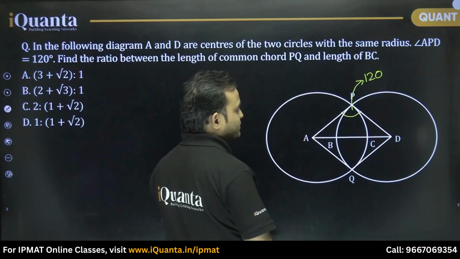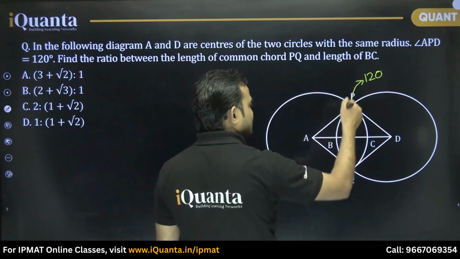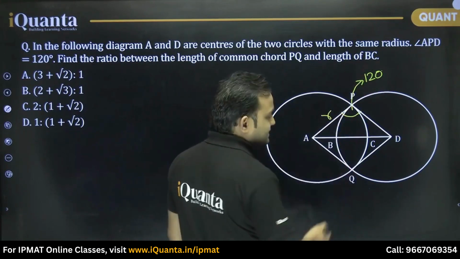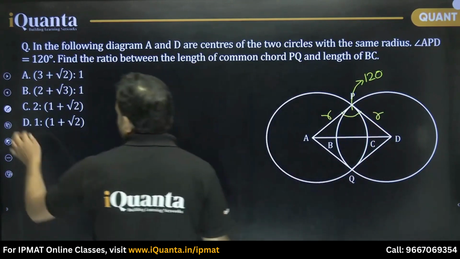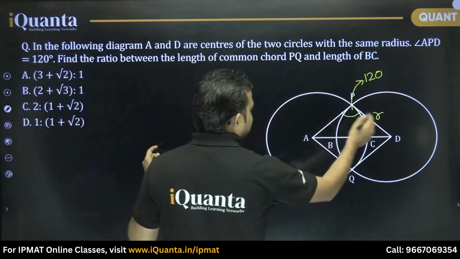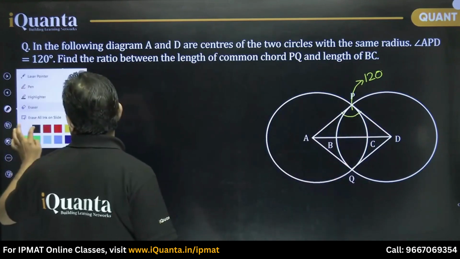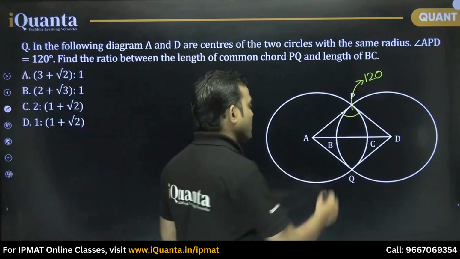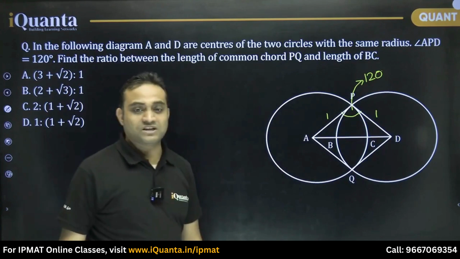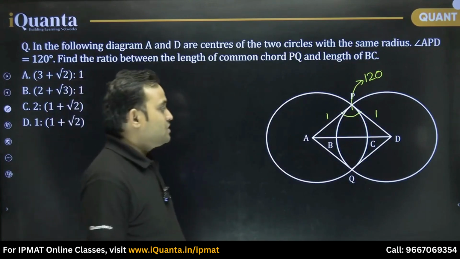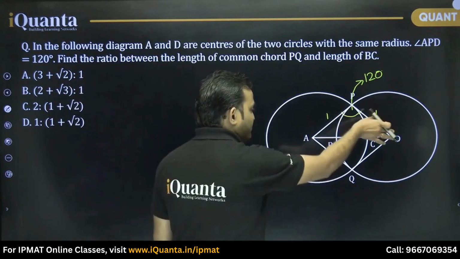So can we say if this angle is 120 degrees, AP will be radius R, PD will also be radius R. Now instead of taking radius R, let's say we take some value like 1. If I take AP equal to 1, PD is equal to 1. So AP and PD are equal.